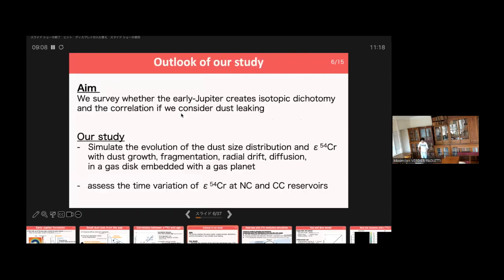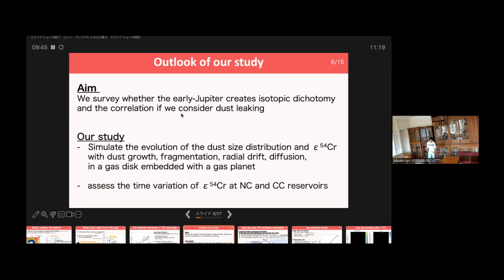We survey whether early Jupiter creates the isotopic dichotomy and the correlation when dust leaking is considered. To survey these topics, we simulate the evolution of dust size distribution and epsilon 54 chromium with dust growth, fragmentation, and diffusion in a disk embedded with a gas gap. We also assess the time variation of chromium in the NC and CC dust reservoirs.